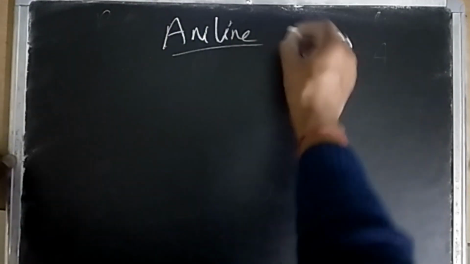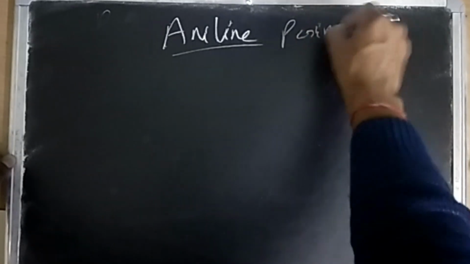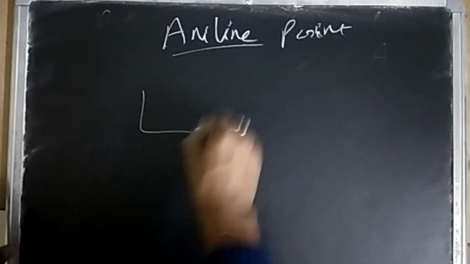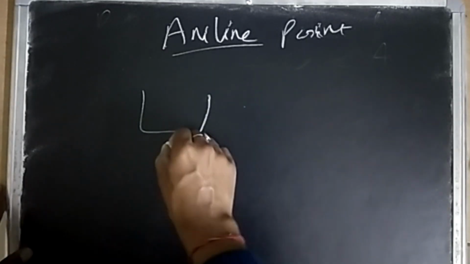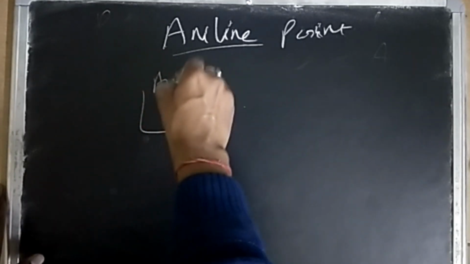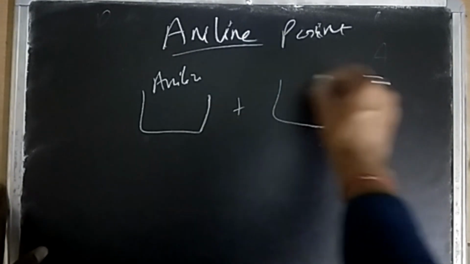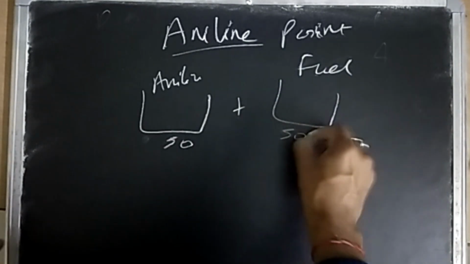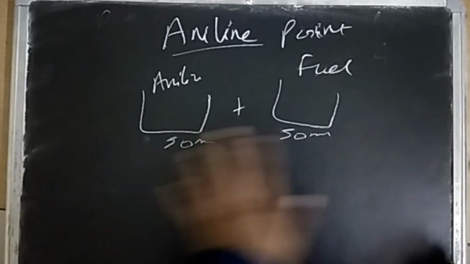Next we have one more thing. This is the aniline point, for aromatics only. Aniline is aromatic, so we can check how much aromatics is there. We take the aniline and the fuel, both like 50 ml, in equal proportion, and we try to mix them.